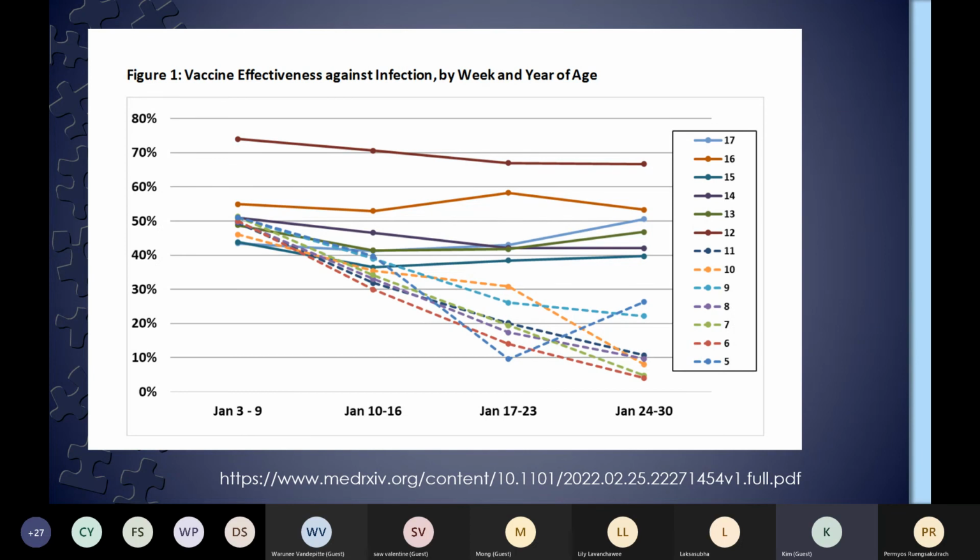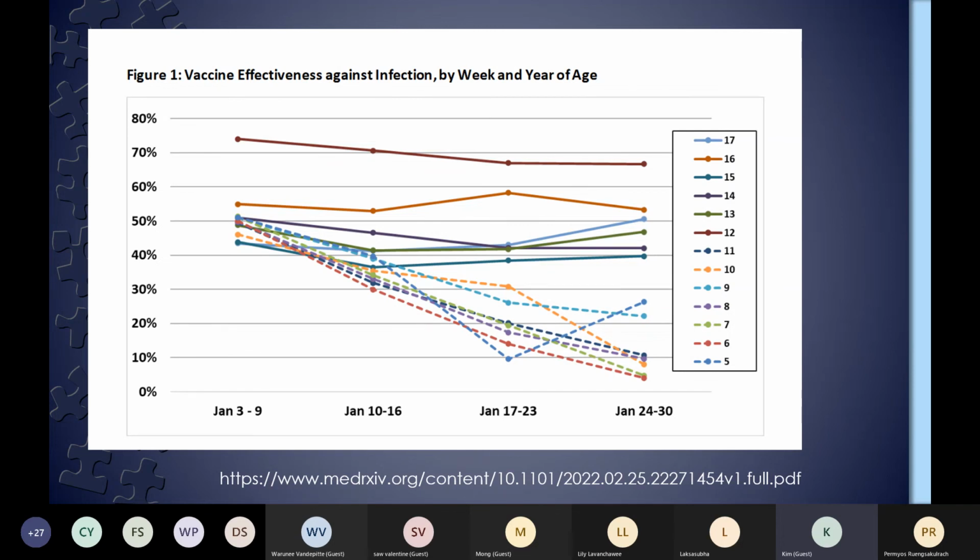And the solid lines, each one of the solid lines represents an age group: 11, 12, 13, 14, 15, 16, 17. And you can see that modest protection in that group against infection is sort of maintained, and I would suggest that that's probably very similar to what you might get in adults.